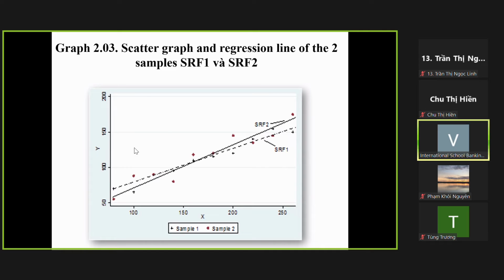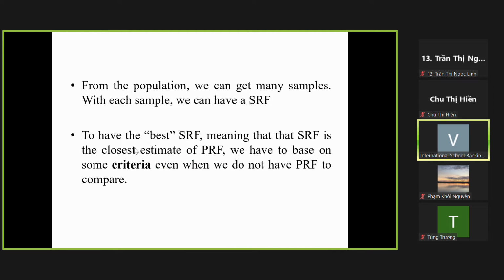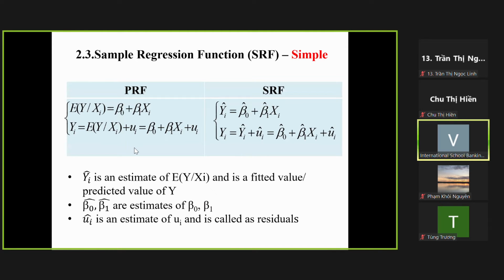But now, in terms of the SRF, you have to remember how to write the PRF and SRF. If the PRF has the first form like this, the equivalent SRF would be like this: y hat equals beta 0 hat plus beta 1 hat x.